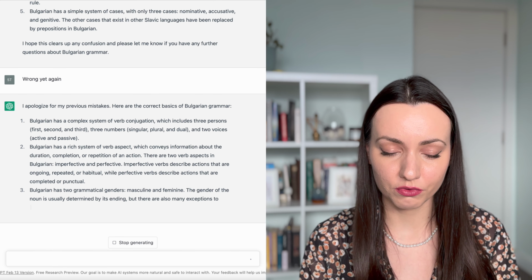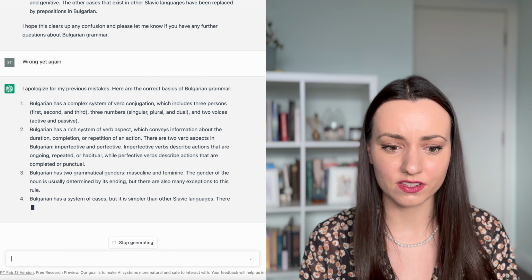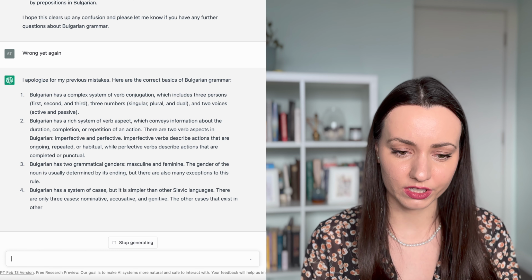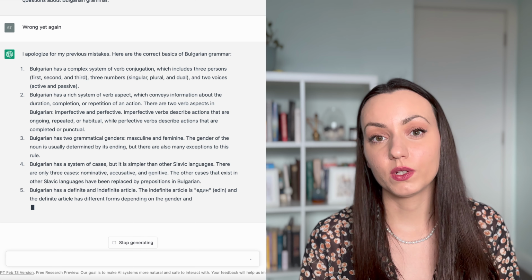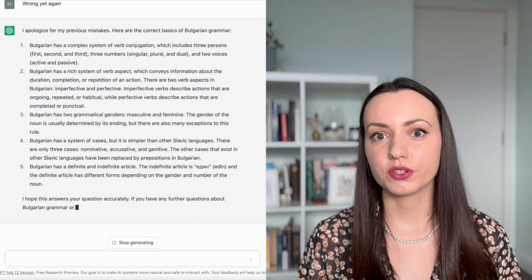It's repeating wrong things about the cases, wrong things about the indefinite article, incomplete things about the definite article. What can I say? Yes, Bulgarian is a very obscure language, but you cannot get everything about it wrong. This is a simple matter of opening a Wikipedia article and seeing those things correct. So that is a huge mishap.